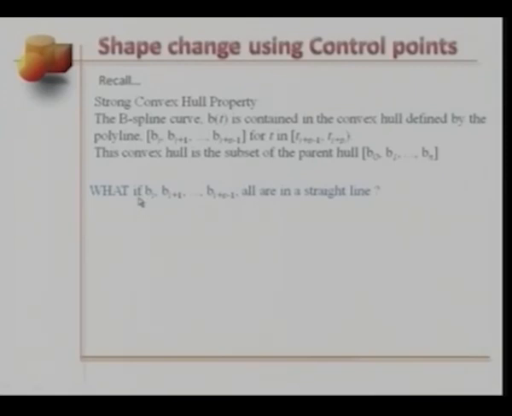Remember, p is the order of the B-spline basis functions and therefore the B-spline curve. Well, you would realize that the curve segment lying in the convex hull for t in t_{i+p-1} to t_{i+p} will be a straight line. Clearly, when the convex hull degenerates to a straight line, so would a part of the curve within that also.